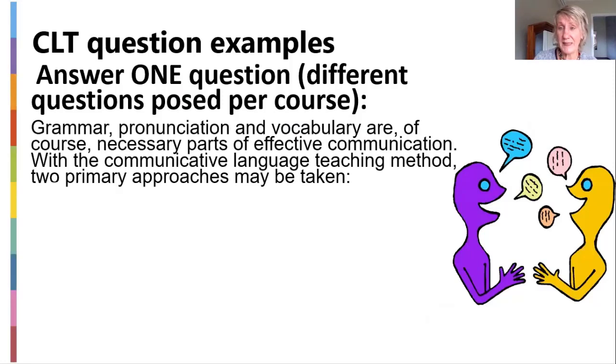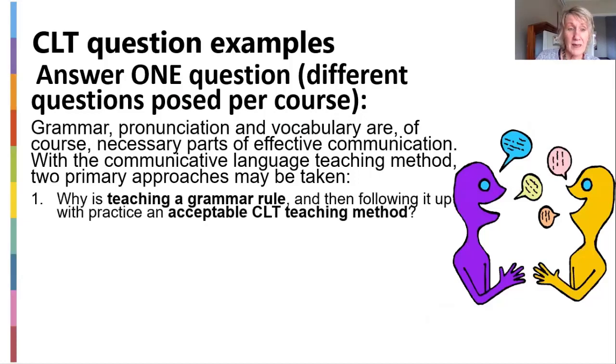And it's all about CLT, communicative language teaching. Grammar, pronunciation, and vocab are, of course, necessary to communicate effectively. With the communicative language teaching method, two primary approaches might be taken. And then these are the questions. One question is, why is teaching a grammar rule and following it up with practice an acceptable CLT teaching method?